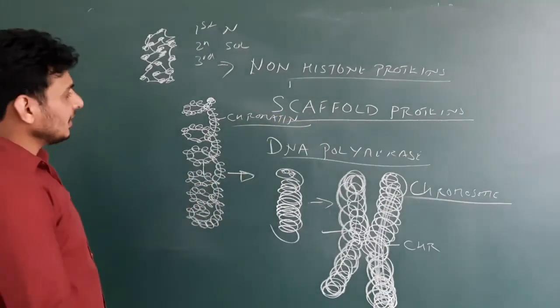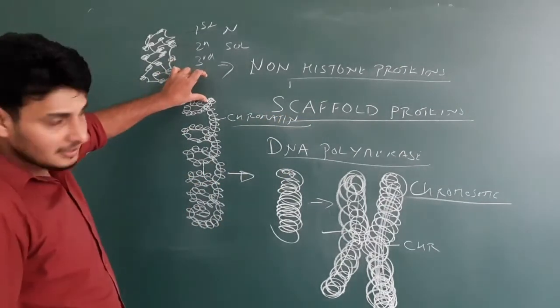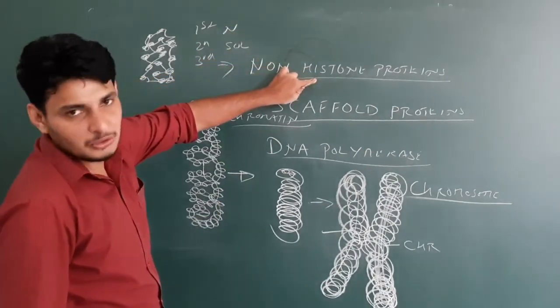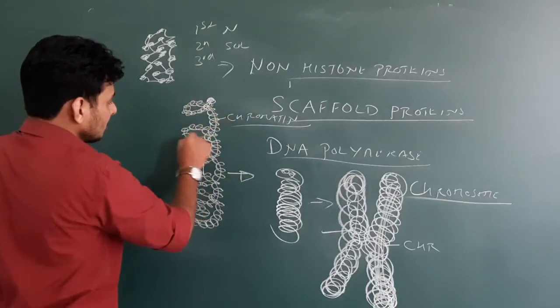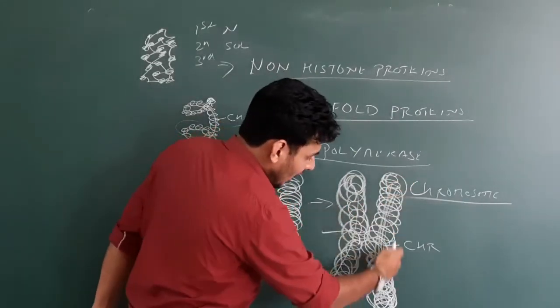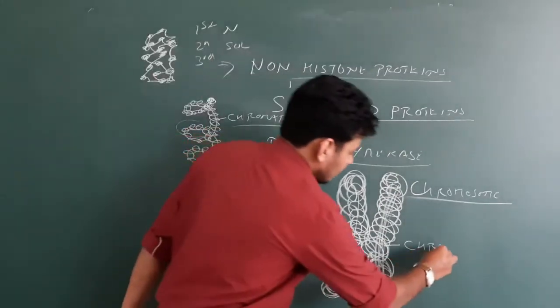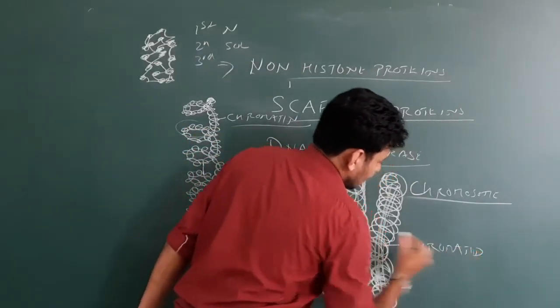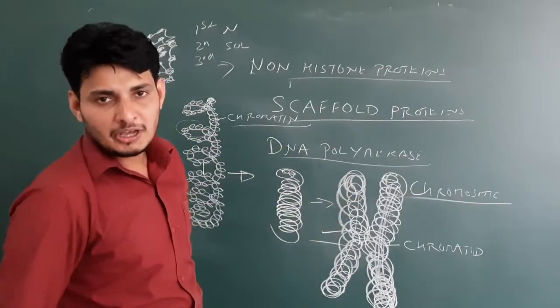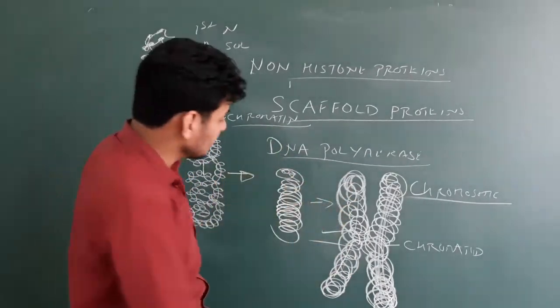Got it? Chromatin contains DNA, histone proteins, that is histone octamer, everything, then non-histone proteins. Everything makes up a structure which is called chromatin. One arm of the chromosome is called a chromatid. This is a chromatid, this is another chromatid. Both are matching in their nitrogenous base sequences.